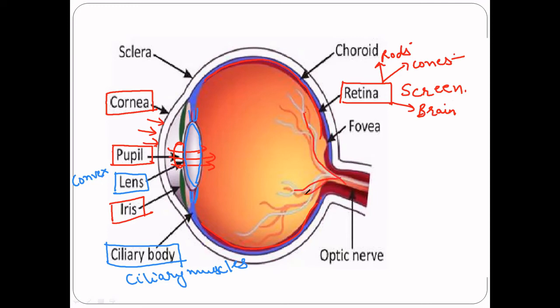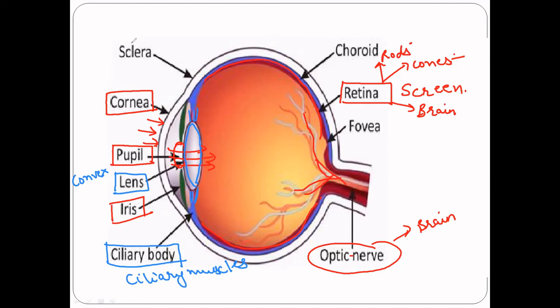These are the optic nerves. These optic nerves are connected to the brain. The optical signals are transmitted from the retina to the brain through these optic nerves, right?